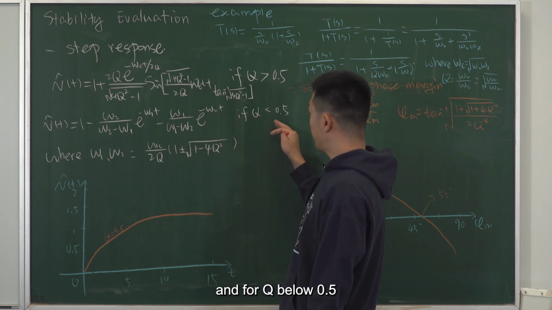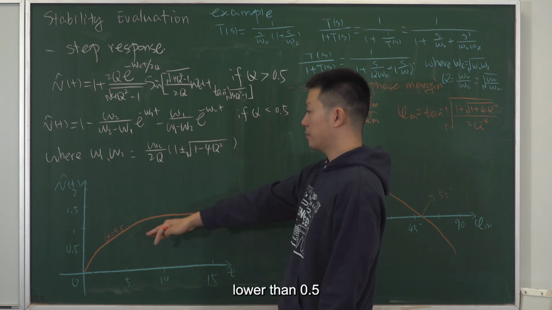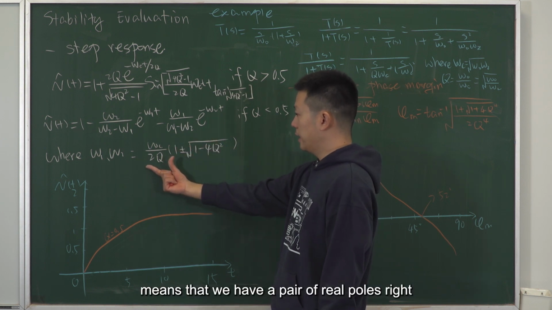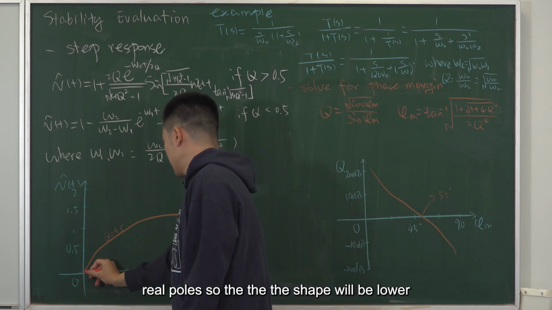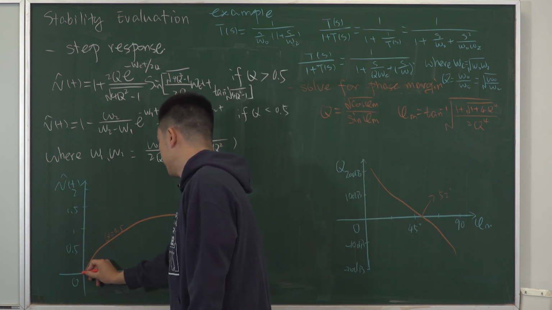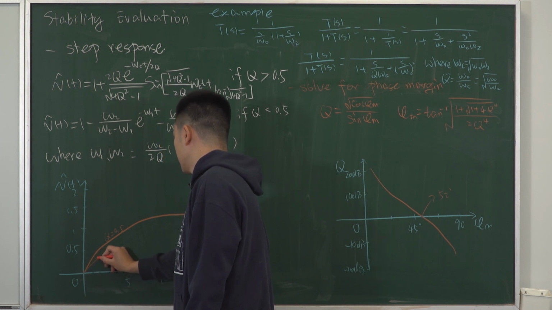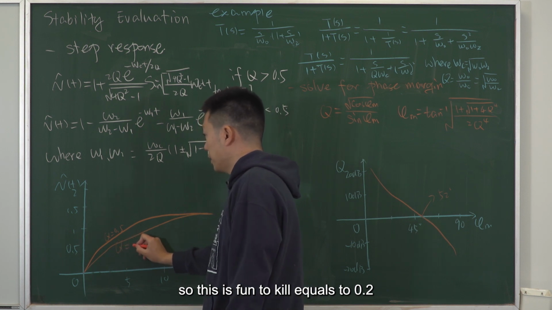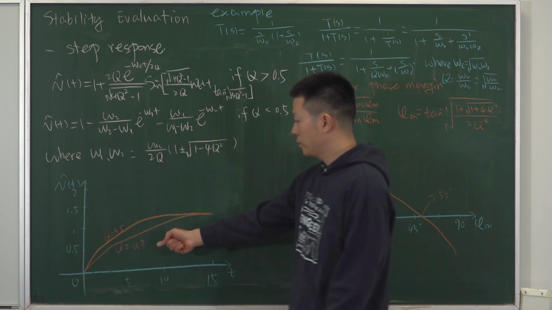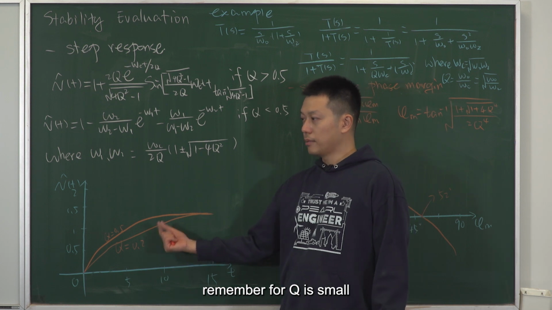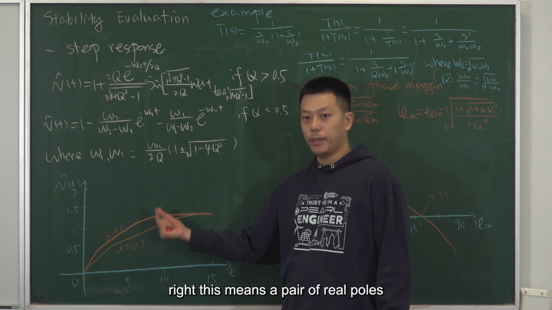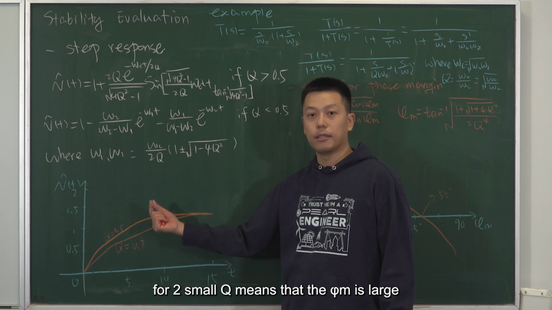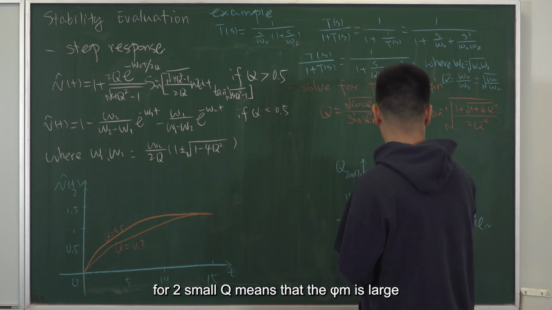And for Q lower than 0.5, it means that we have a pair of real poles, right? So the shape will be lower. So this corresponds to Q equals 0.2. Remember, for small Q, this means a pair of real poles, right? For too small Q, it means that phi m is large.